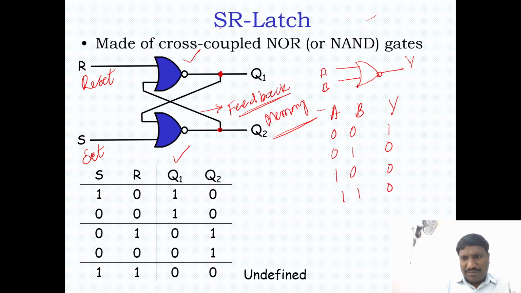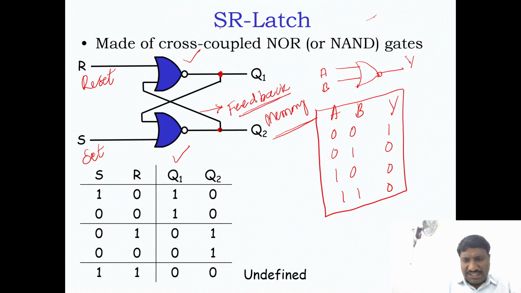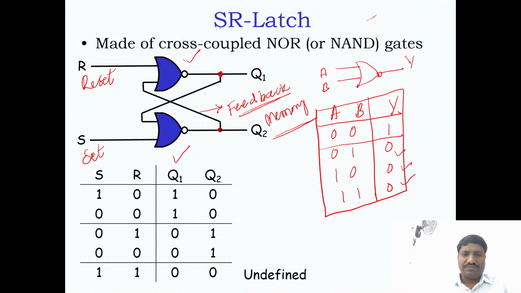Now from this table, can we say anything in one single statement about the NOR gate? Yes, possible. If any one of the inputs is 1, the output is 0. This is the basis for analysis of this circuit.